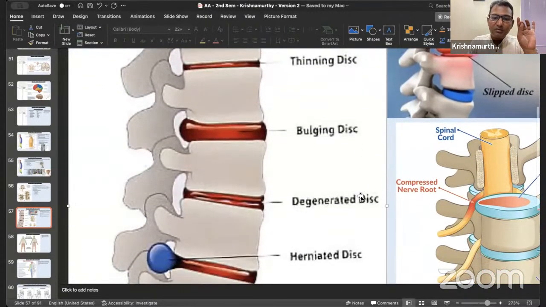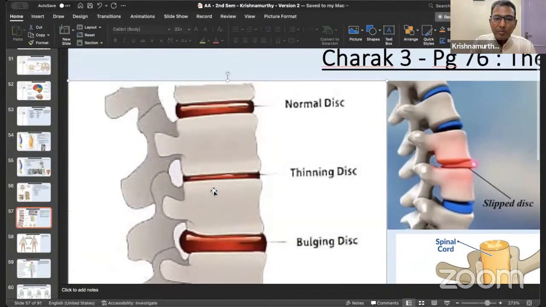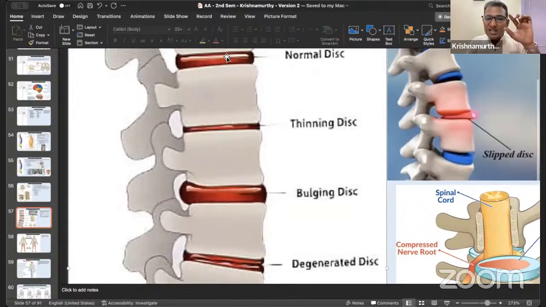Herniation is when it comes out more. Say this is the normal thickness of the disc. For some reason, if the thickness of the disc increases, it is called bulging of the disc. When it is reducing, it is called thinning of the disc; when it is increasing, it is called bulging of the disc.